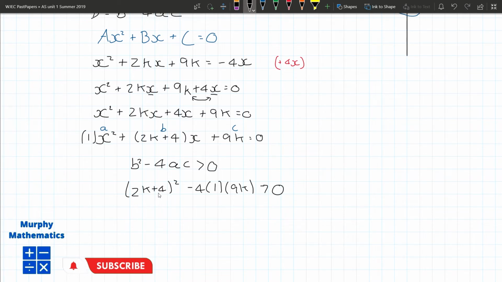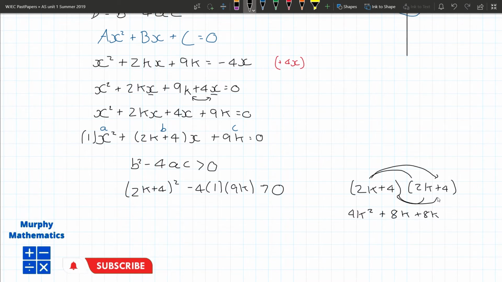Now let's simplify this. Let's expand this bracket, so we have 2k plus 4 and 2k plus 4. That's going to be 4k squared plus 8k plus 8k plus 16, which simplifies to 4k squared plus 16k plus 16.